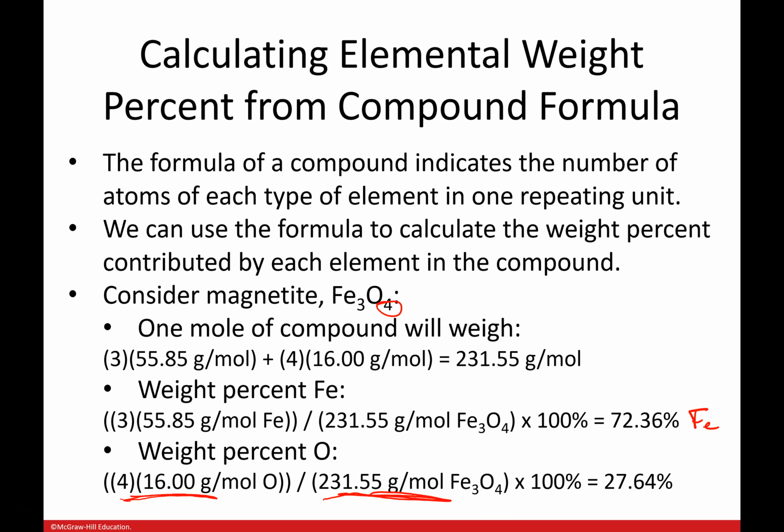And then to get to parts per 100, we're going to multiply by 100%. That gives us 27.64% O, oxygen. It's a weight percent problem. Is that all right for you? Because you know what's coming next.